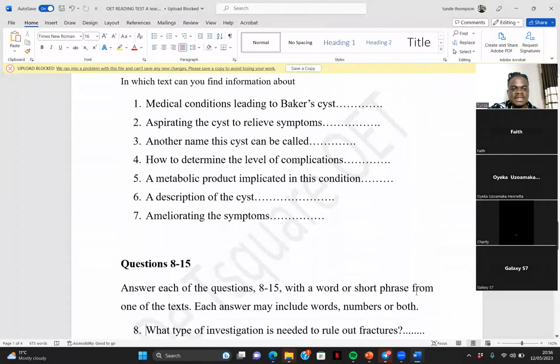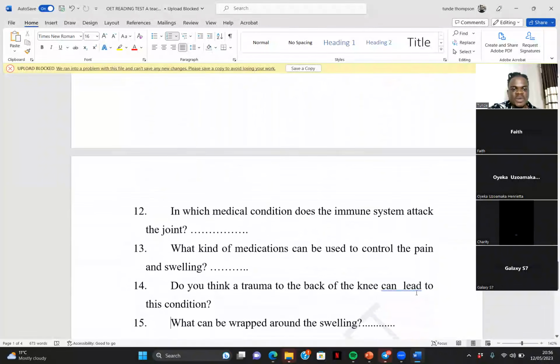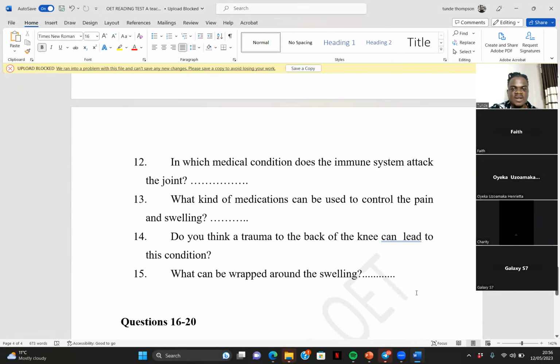So let's say question number 15, which will be the last under this group of questions. What can be wrapped around the swelling? Although this question does not really lead you to where the answer will be.